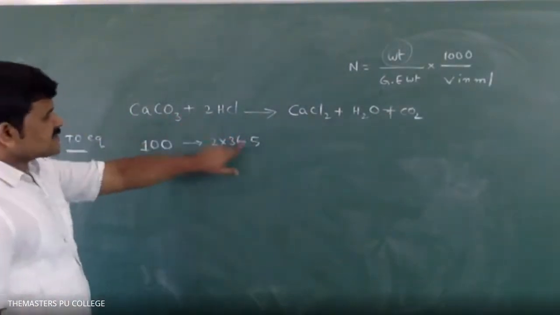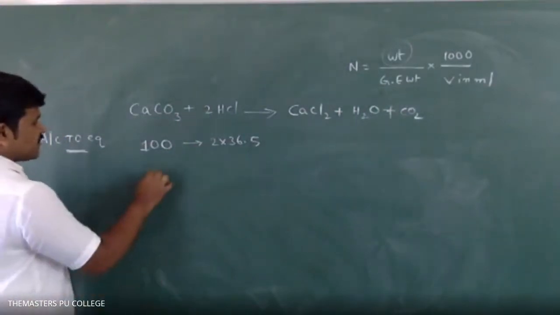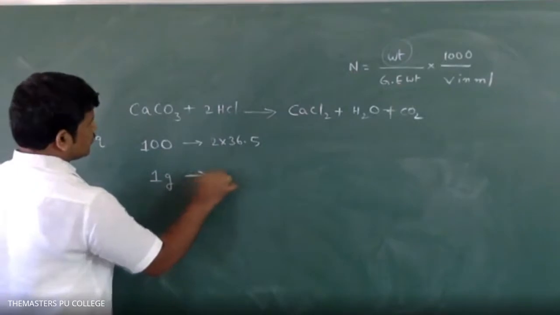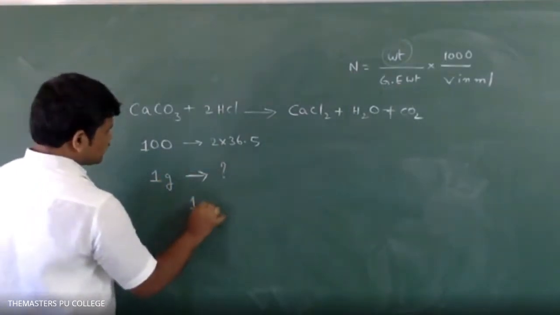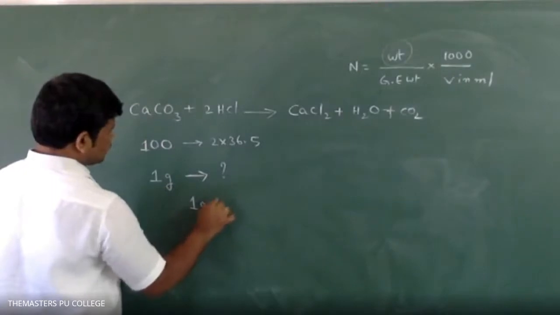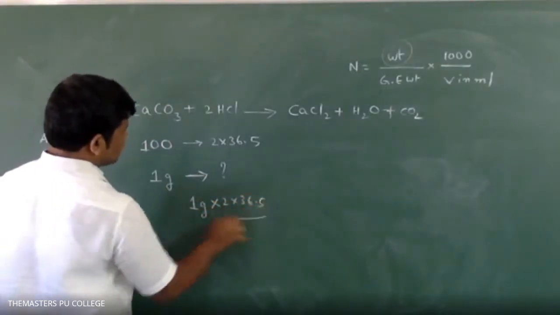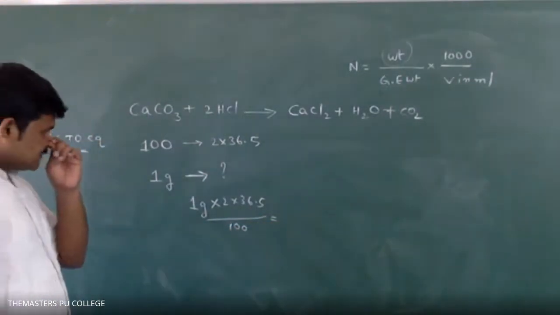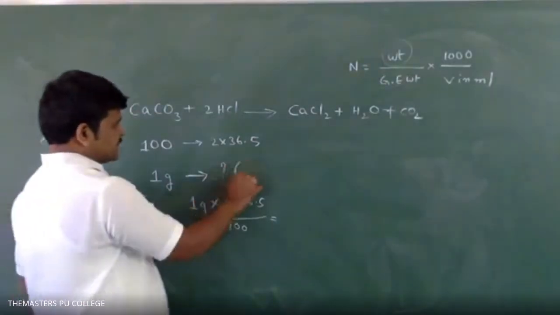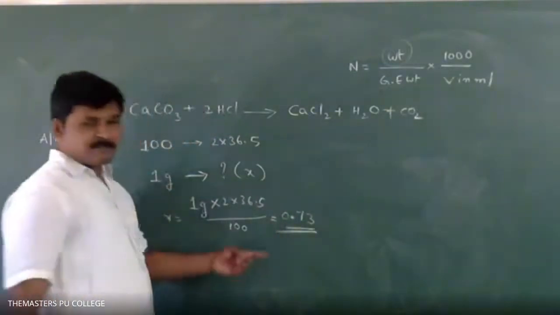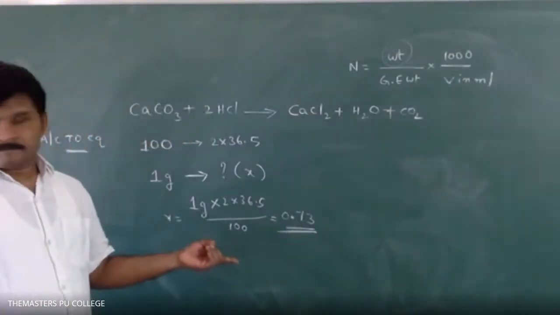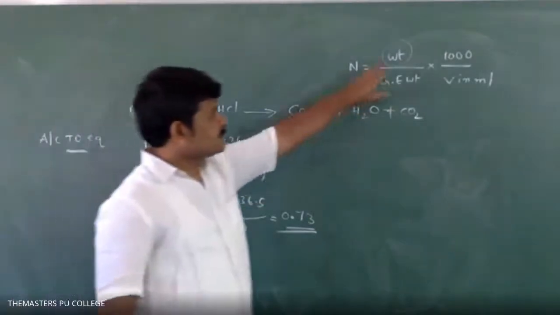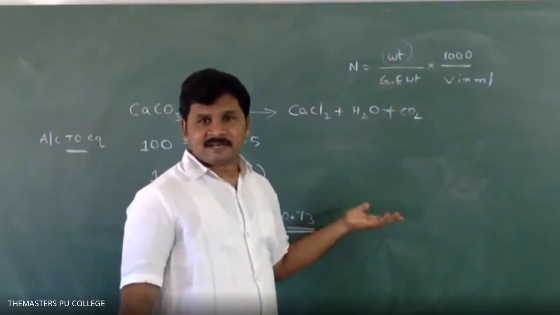If you take 1 gram, how much HCl do we require? 1 gram into 2 into 36.5 divided by 100. 73 divided by 100. The HCl weight is 0.73. Okay? 0.73 is the weight of HCl. Now you can calculate volume.